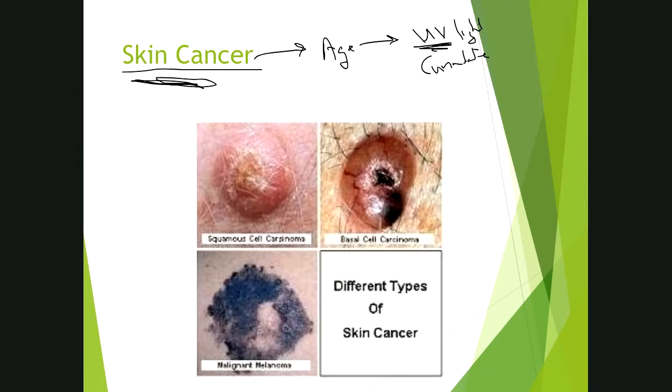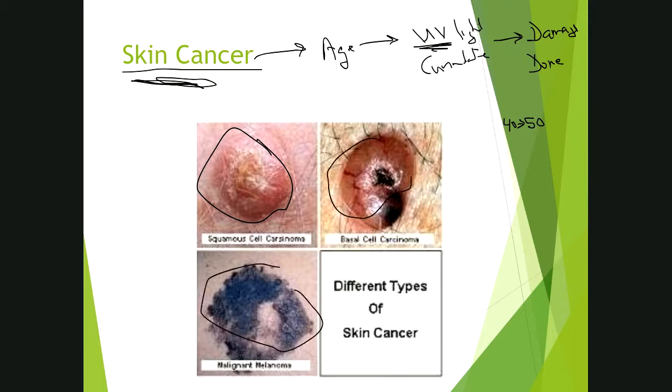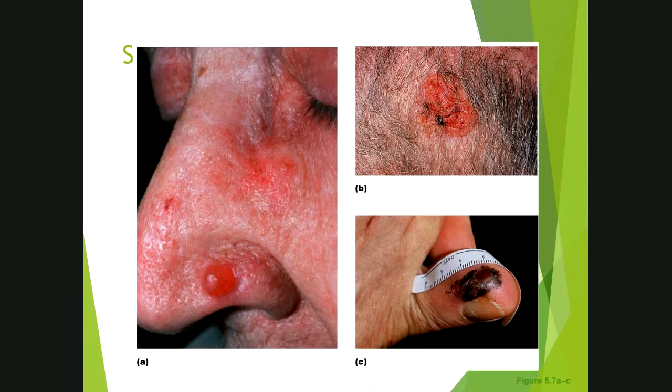By the time you get to a certain age, the damage has already been done, and there's no real way to reverse that damage. So when you get to like 40 to 50 and so on, this is when this damage is going to show up and when you're going to start seeing these skin cancers. Remember, there's three types that we talked about.